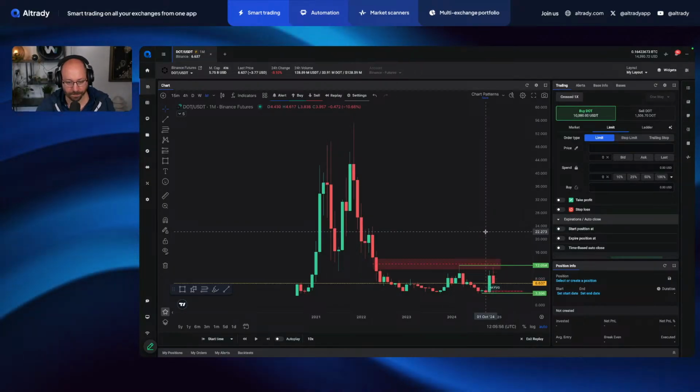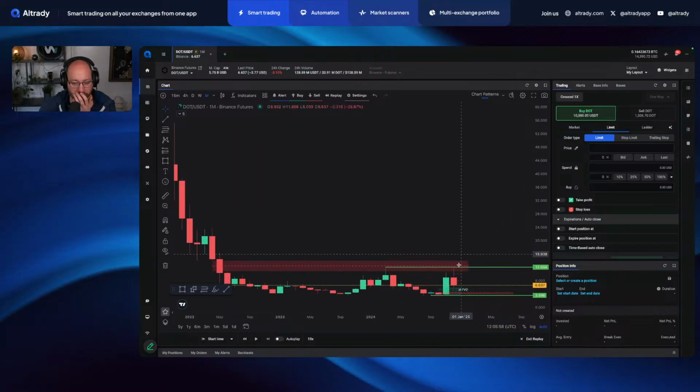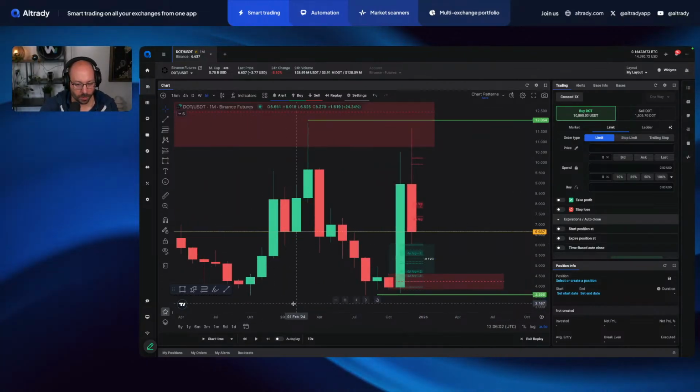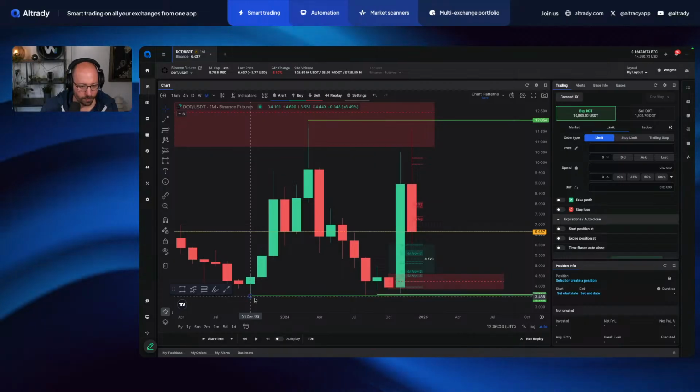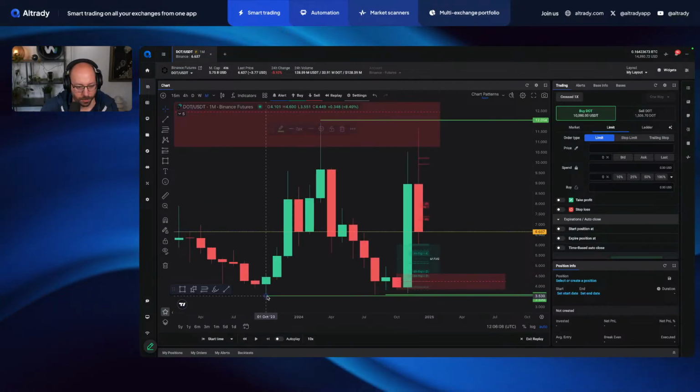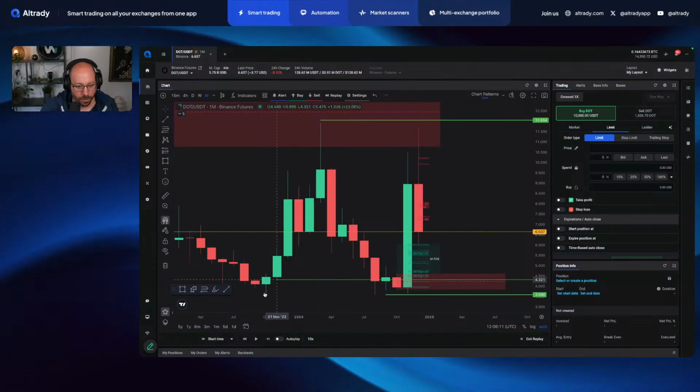And was this liquidity taken out? I'm not sure. No, it was not. That's interesting. Maybe a good target.